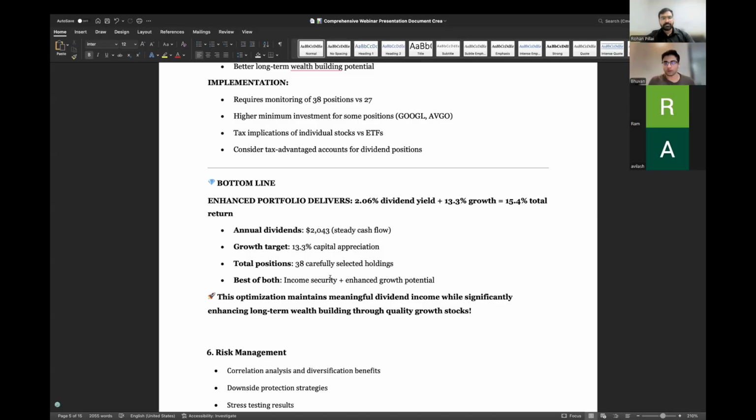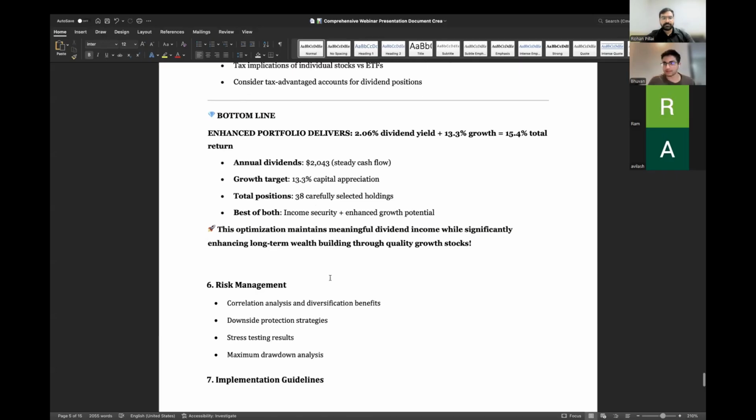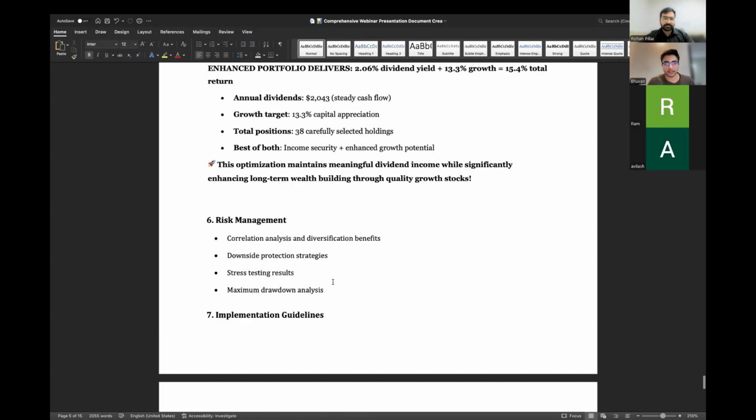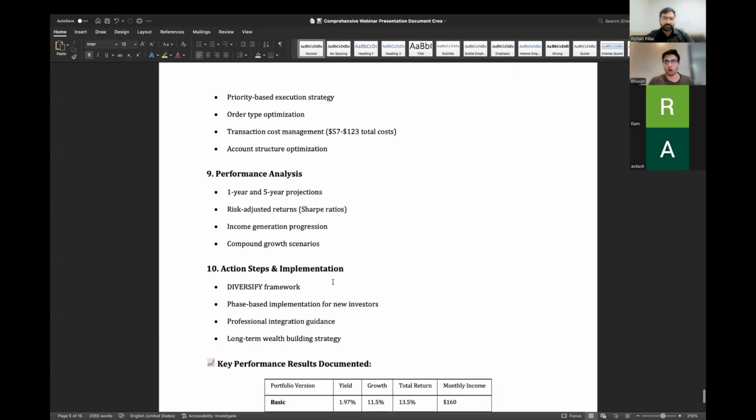So 15% is the midway point in the US market, given what we have seen in the past. So always, 1-year and 5-year projections are a good way. You can use a good tool like a stock screener, or you can also use ChatGPT to give you a projection and see how you can optimize it further.